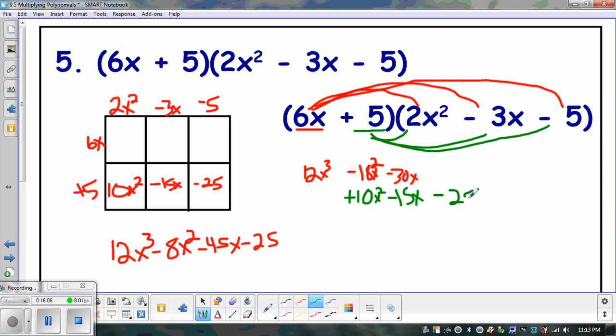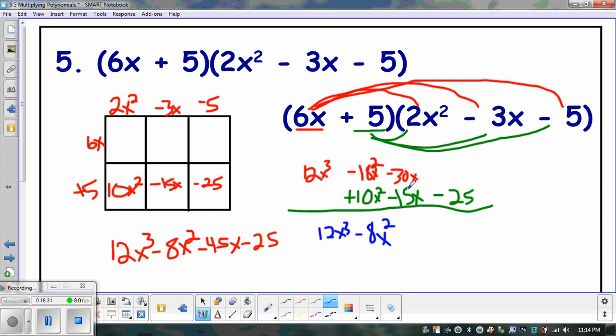So now when I go to combine my like terms, I have only one term that is cubed, 12x cubed. And then when I look at my squareds, I have negative 18 and positive 10, which is negative 8, and it's x squared. Remember, when you're adding like terms from last section, you keep it x squared, but you add the coefficients.